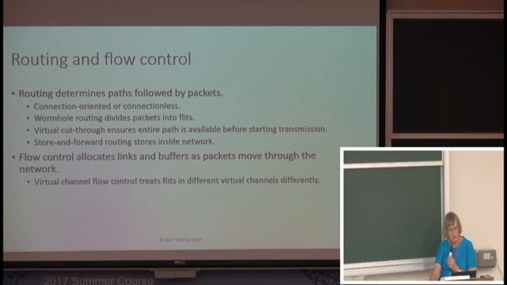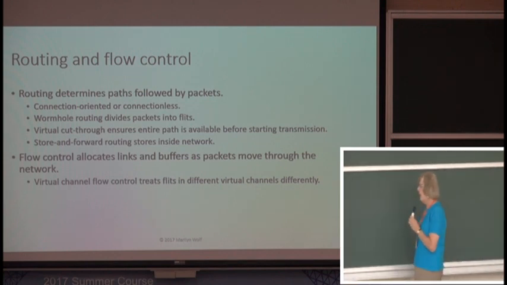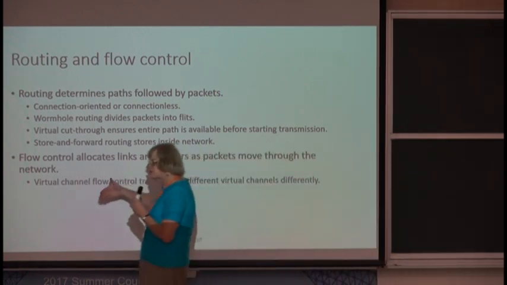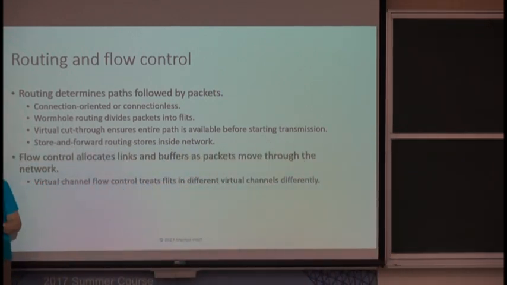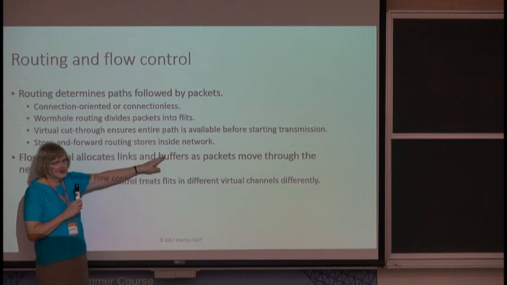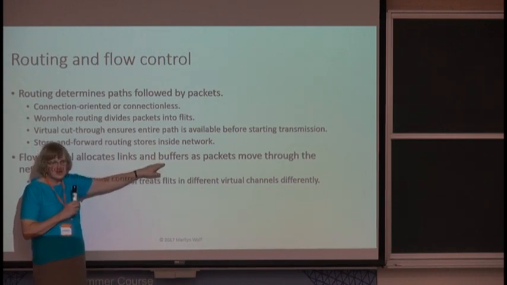For something like a mesh network, you would have a flow control scheme that would basically decide who gets the link next, who gets a particular connection from one point to the next point next, and where you're going to store something inside the network while it waits to get transmitted along the next step.